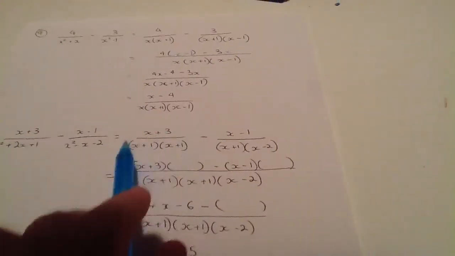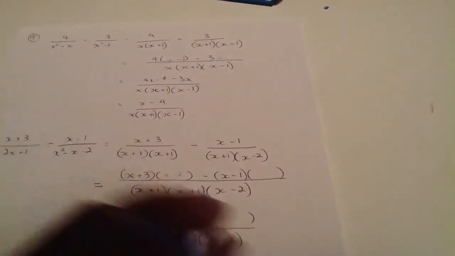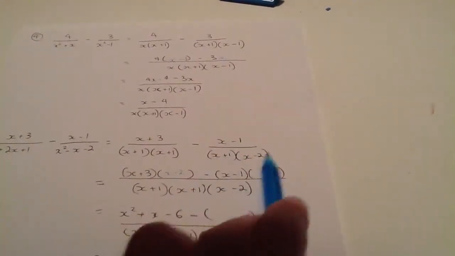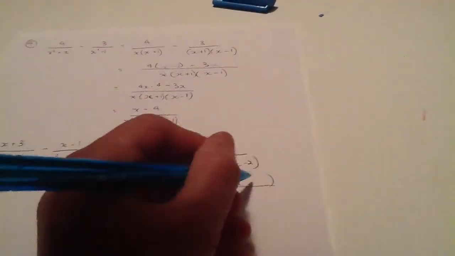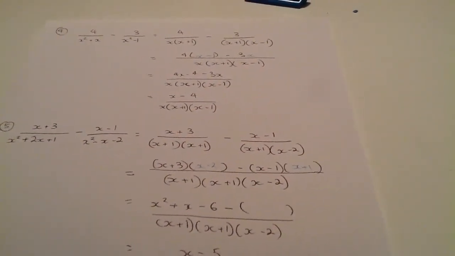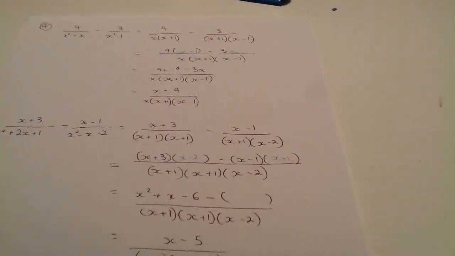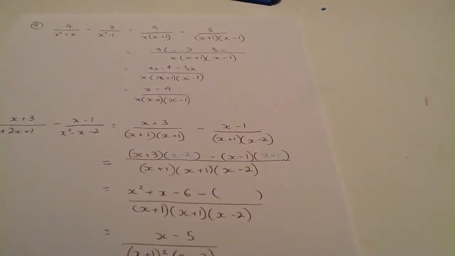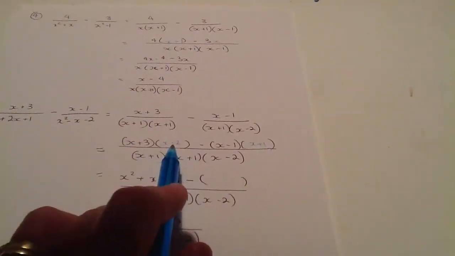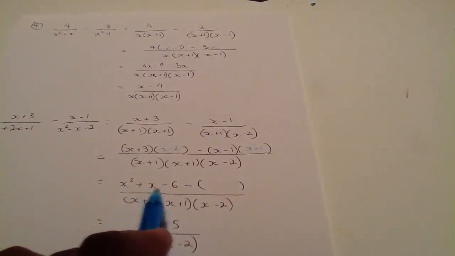Okay, so what were we missing here? We were missing the x minus 2. And what were we missing on this fraction? We were missing another x plus 1. Make sure that you can see how that works. We're expanding out the answers here. So we're expanding that out to get x squared plus x minus 6.